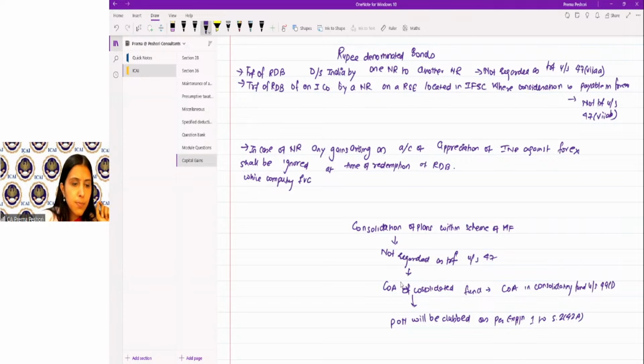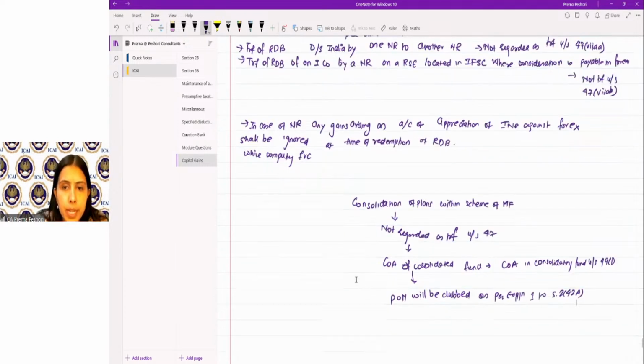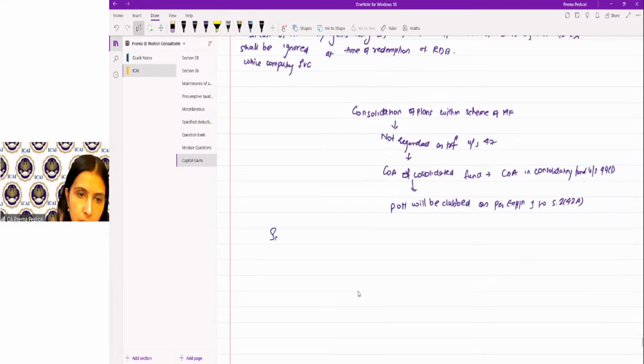So similarly, if it is a segregated portfolio, if instead of one fund the portfolio is broken down into a segregated portfolio, then in the same way it will be considered. In that case also, the period of holding of the main portfolio will be clubbed with the period of holding of the segregated fund.